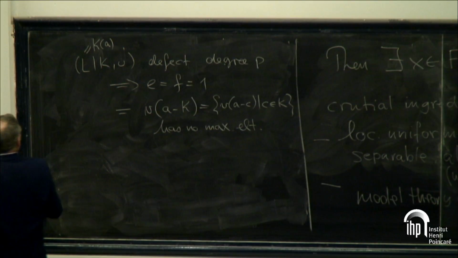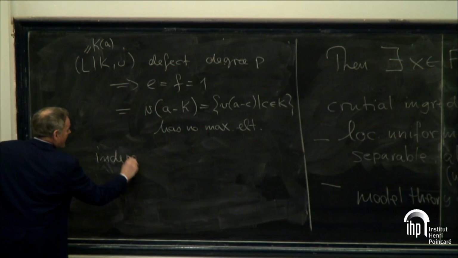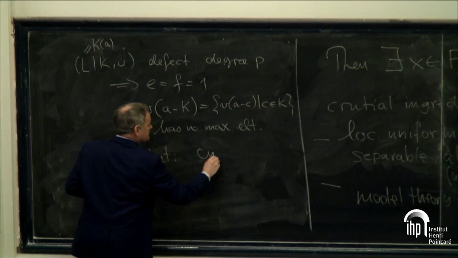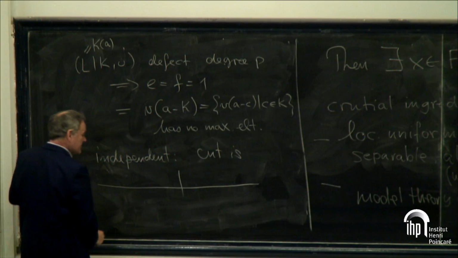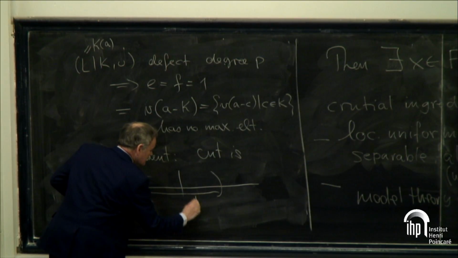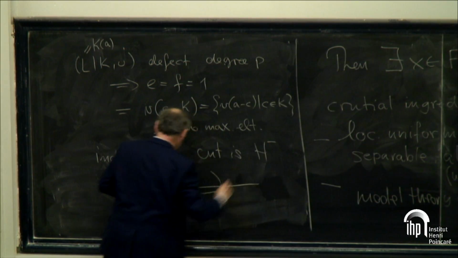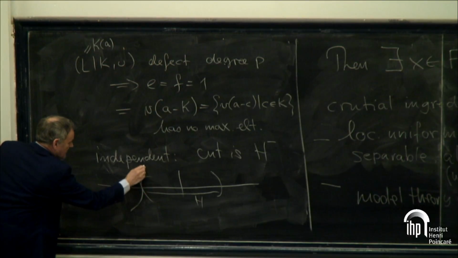And now independent means the cut you get is, well, here you have your value group, you have any convex subgroup H, and then the cut is H minus, which means you take the lower edge here, you put your cut here.